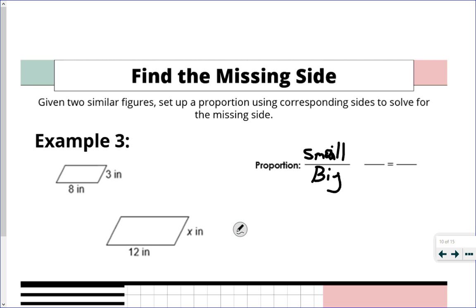Again, you want to make sure that your measurements for each shape are going across your proportion. So our measurements for the small parallelogram are 8 and 3. And for the big is 12 and X.